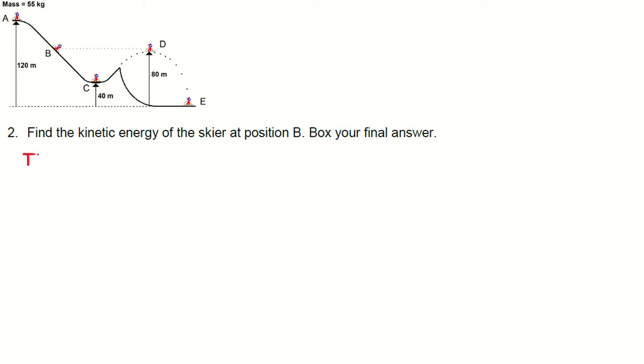In number 2, we're looking for the kinetic energy of the skier at position B. Now, the total mechanical energy is equal to the kinetic energy plus the potential energy. We can find the potential energy of the skier at position B because we know the height. At position B, the height is the same as the height at position D, which is 80 meters. So we can compute the potential energy.